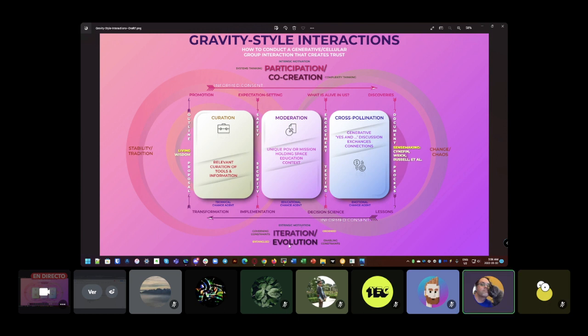In order to do that, we need participation and co-creation.